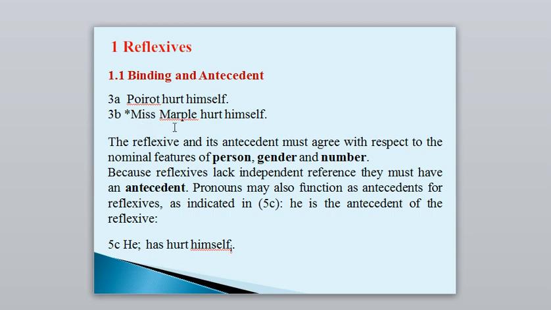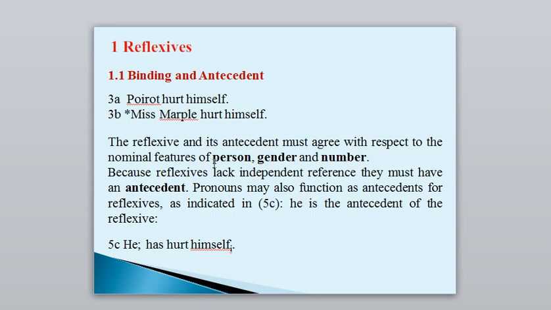But in the second, Miss Marple is a feminine noun, so himself as a masculine reflexive pronoun cannot come back to the Miss Marple as a feminine noun. So this is ungrammatical. You see this asterisk?